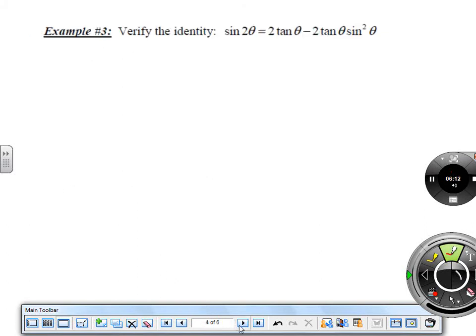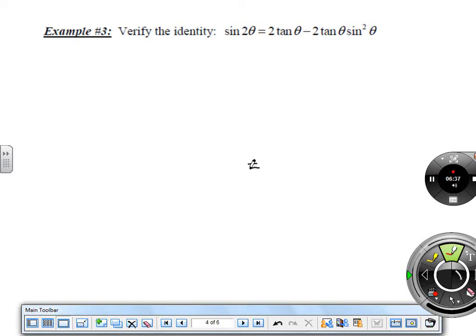All right, so the next thing we're going to do is verify an identity. So remember, our goal is to plug stuff in until we can find different manipulations of it. So we'll go ahead and start on the right side. And again, that's your choice, but I'm going to go ahead and try this.